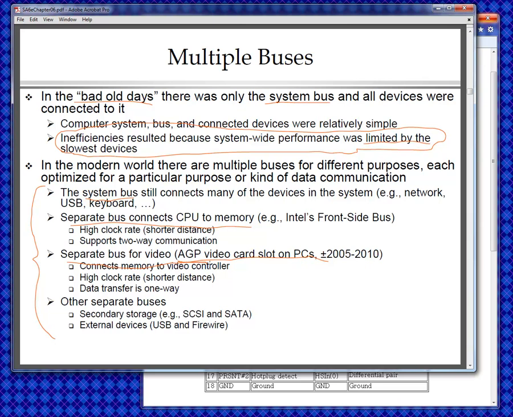So what you've seen is this separate bus for video has pretty much disappeared from PCs. Okay, you can still find variants of it in some very specialized graphics workstations. Okay, but as far as common computer use, it's disappeared. Now, maybe it'll come back at some point. Maybe that basic approach will come back. But at the moment, this is not something you commonly see.